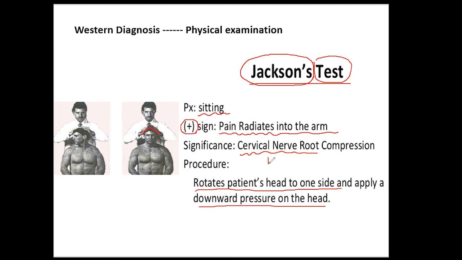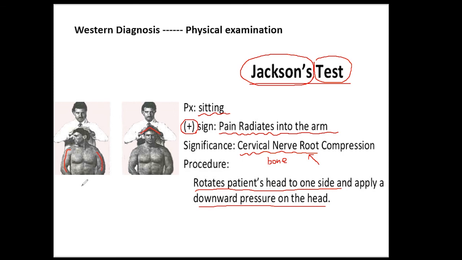Usually, if the bone there is deformed, swollen, or inflamed, it puts pressure on the nerve space there. Then when we do the Jackson test, the patient will feel pain radiating, usually to one side of the arm, but it is still possible on both sides.